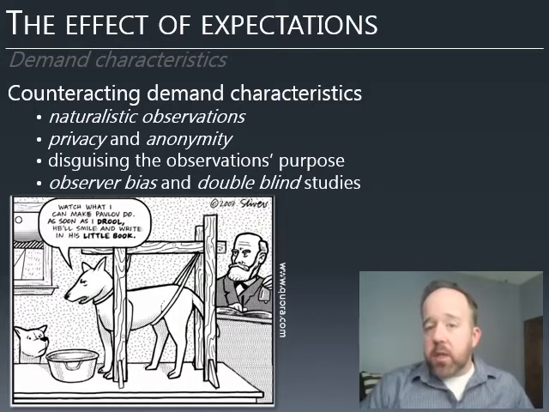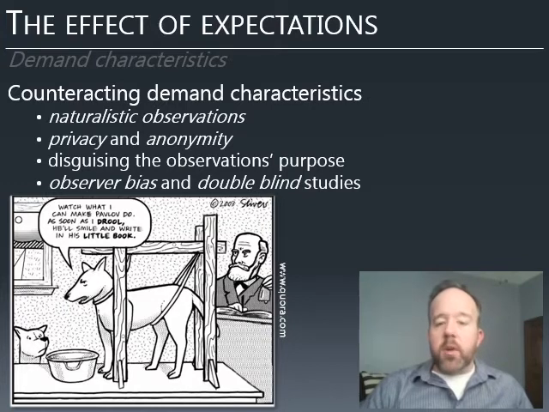And this can be done consciously or it can be done sort of unconsciously. I mean, you're never going to unconsciously throw away data, but you might rationalize it. You might say, oh, well, this participant was clearly odd in some way. I should not count their data because they're not representative. And this sort of thing can happen from time to time, which is why you have to be very careful as an experimenter not to let your hypothesis dictate what you do with your data.